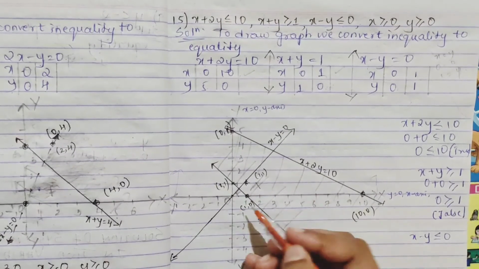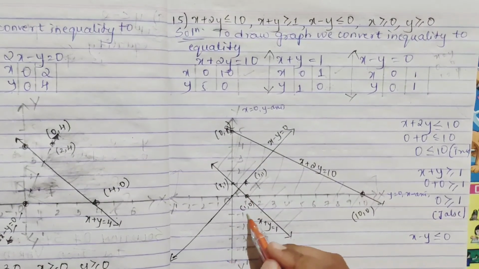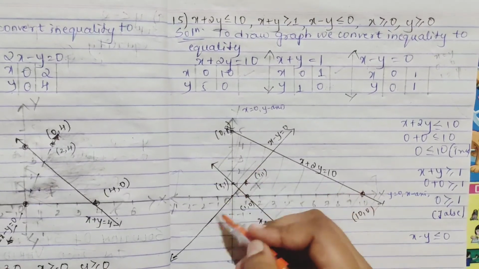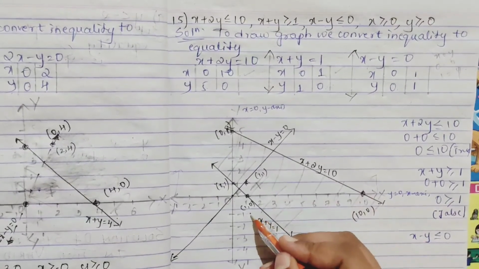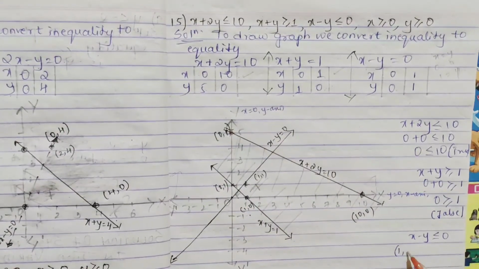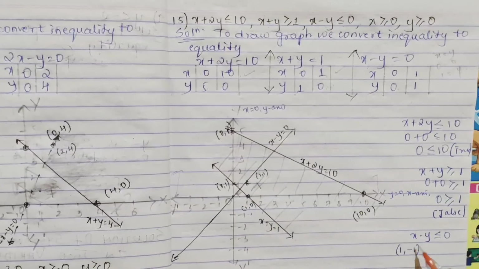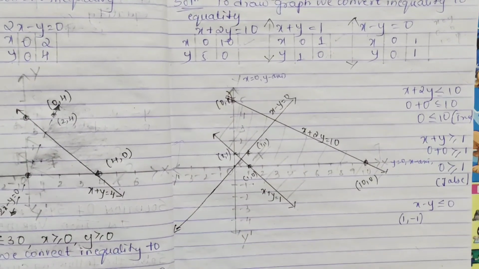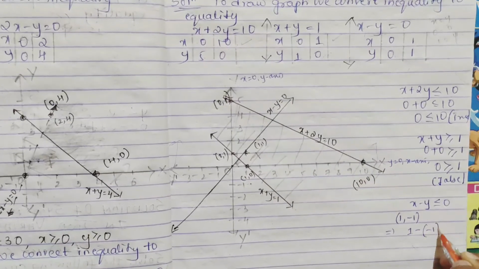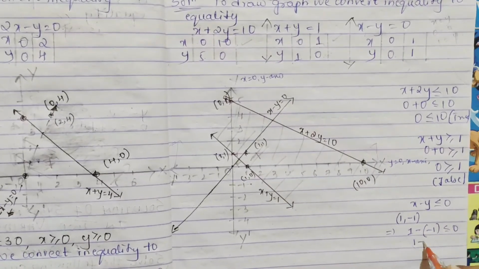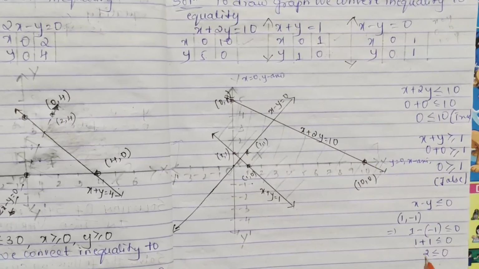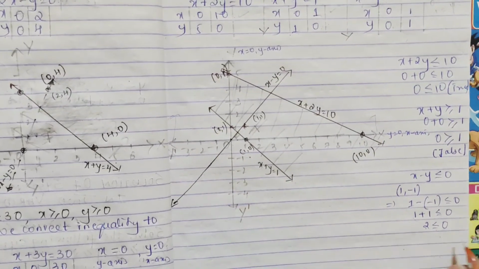If you take 1, minus 1, you'll get a point here, and this point is not lying on the line. So you can take x as 1 and y as minus 1 and check it out. So you'll get 1 minus y, again minus 1, less than or equal to 0. So 1 plus 1 less than or equal to 0. So 2 less than or equal to 0. Is 2 less than or equal to 0? No, right? This is false.